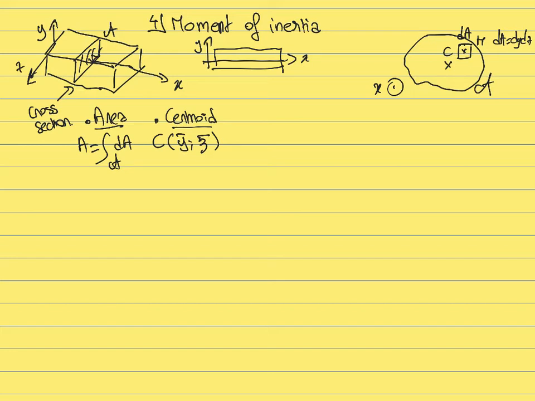And if you want to calculate those coordinates, you do it in exactly the same way that you would calculate the average value of a given distribution. For example, to calculate the average position y, you sum all the values of y over the surface. So you take the continuous sum, the integral of y over the surface, and then you divide by the total surface.